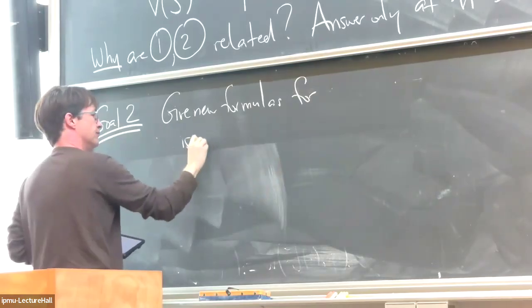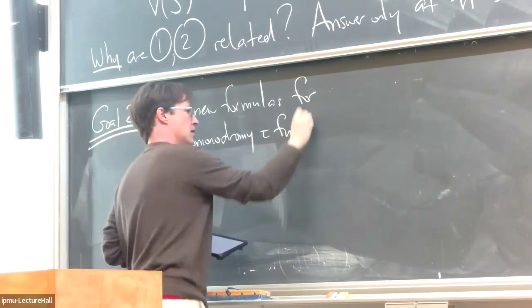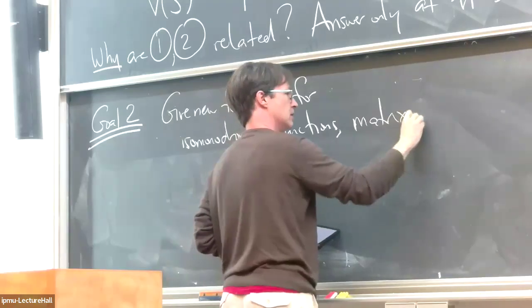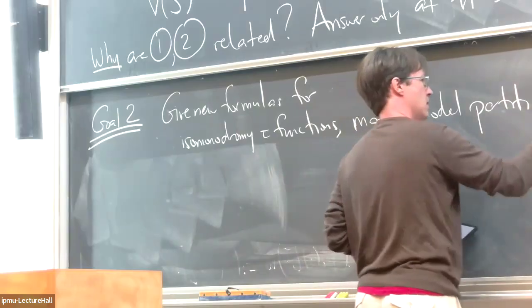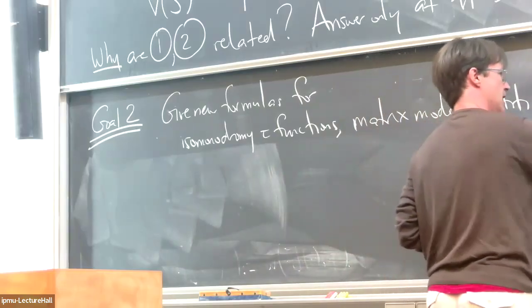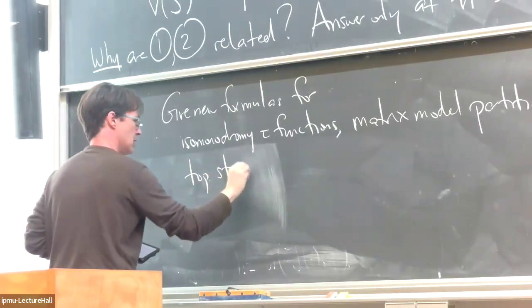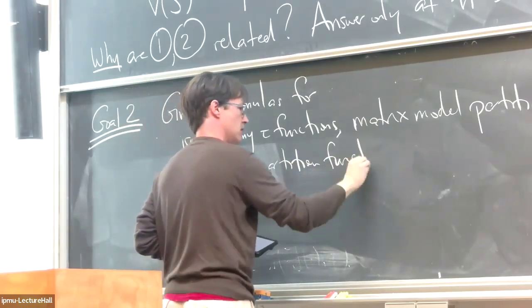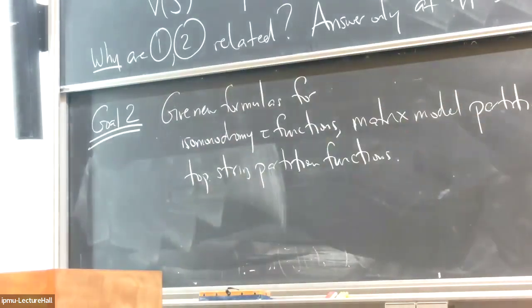So for example, for isomonodromy tau functions, matrix model partition functions, and then closely related to that, topological string. Hopefully I'll be able to at least show you one of those formulas.